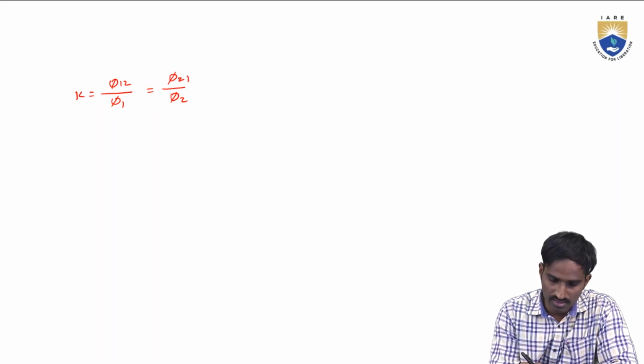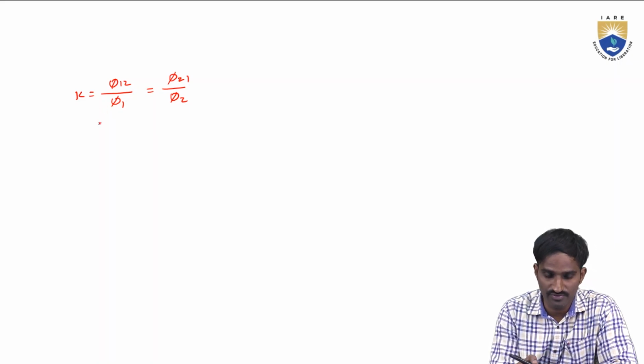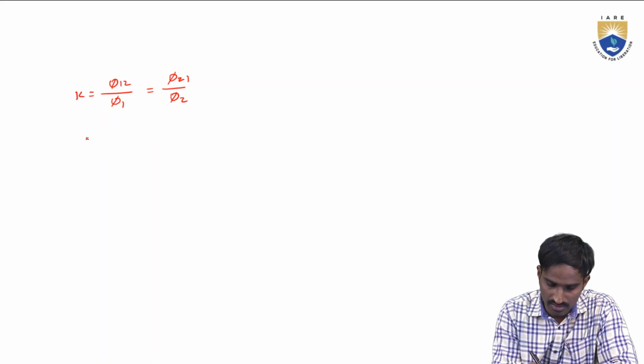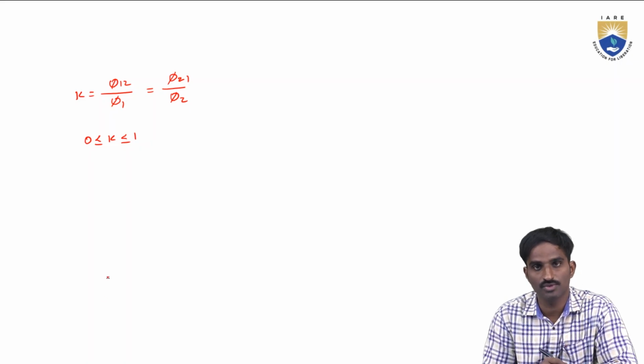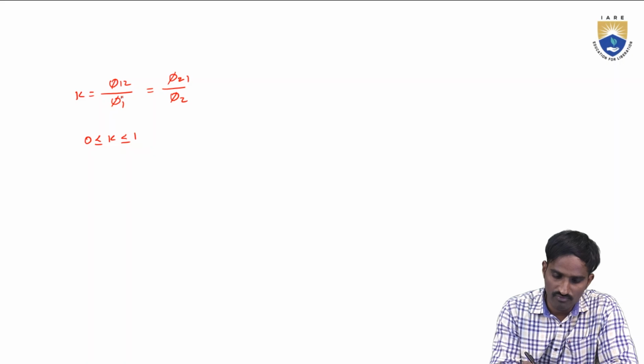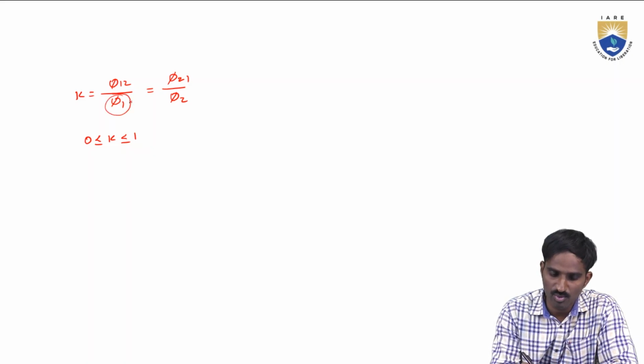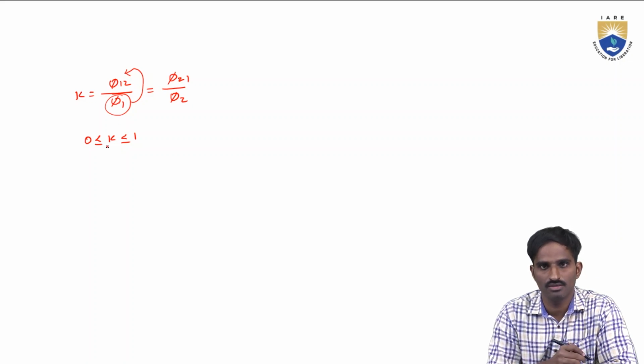So the range of this coefficient of coupling is 0 less than or equal to K less than or equal to 1, which means K is between 0 and 1. If the same amount of flux produced by coil 1 is linking with coil 2, then phi 1 2 becomes phi 1, phi 1 gets cancelled, and K is 1.